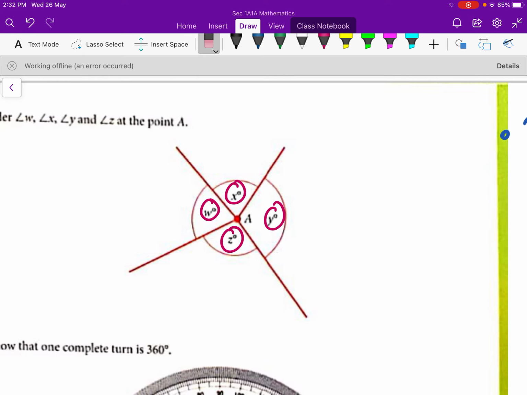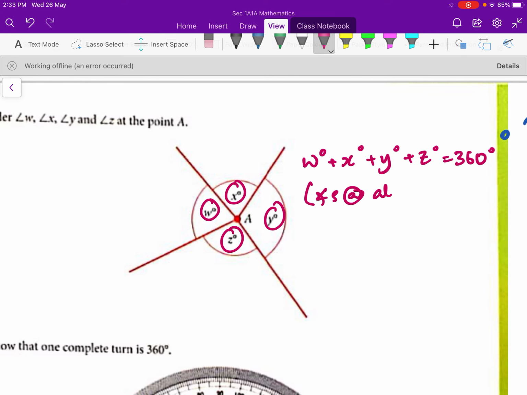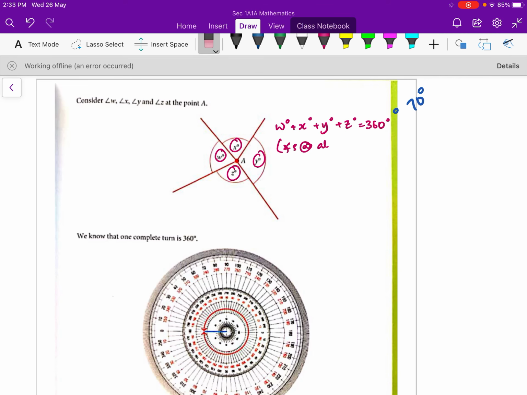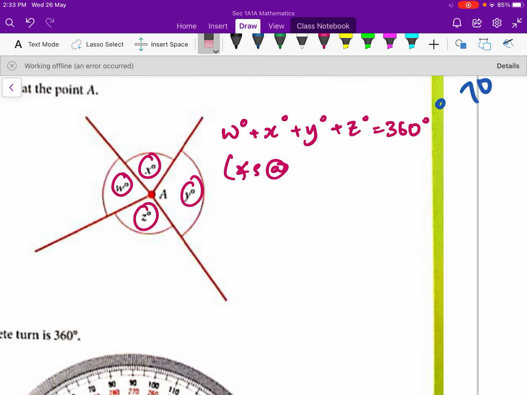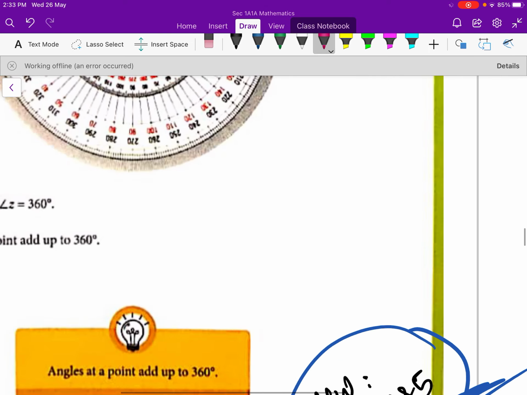So this is what we will write: W plus X plus Y plus Z. This gives us 360 degrees. The reason is angles at a point.